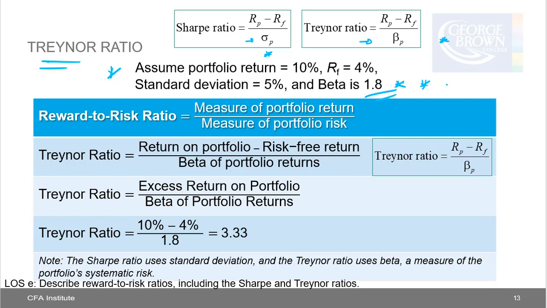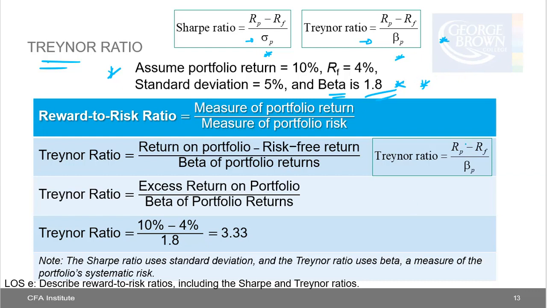I'm going to give a couple of minutes on nice to know, not need to know, but we're going to look at actually how you calculate a beta. It's basically the return of the stock or the portfolio relative to the return of the market. The market return is assumed to have a beta of 1, so we compare our returns relative to the market, basically. So it's another measurement of risk.